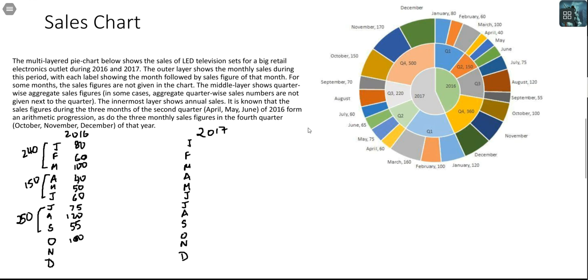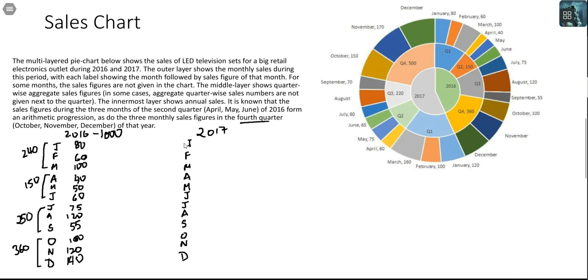But we've been told that in the fourth quarter, October, November, December, they were in arithmetic progression. So if the total is given as 360, and this is 100, this should be 120, and by extension, this should be 140. So the entire data for 2016 is known. Let me also calculate the annual sales: 250, 150 is 400, 360 to 40 is 600. So altogether, I will have 1000 as sales for 2016.